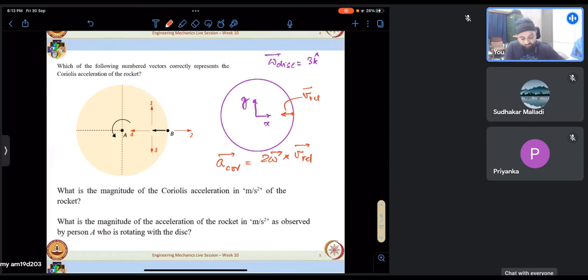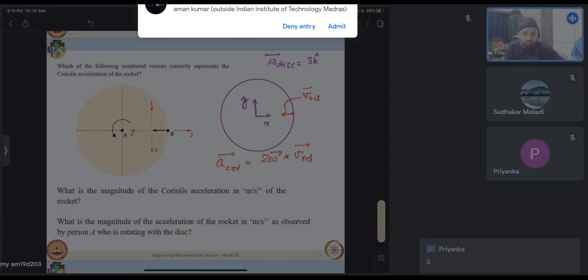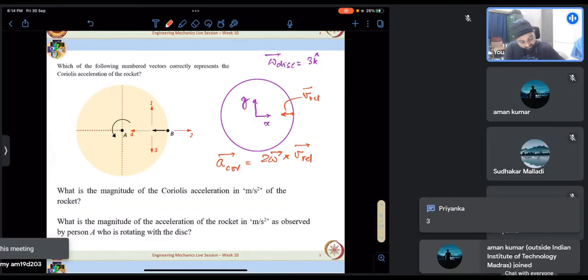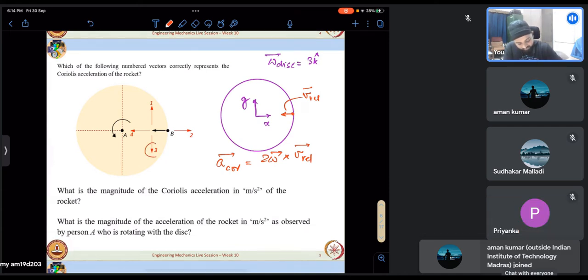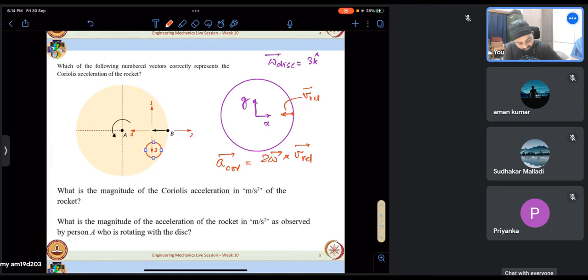Omega is pointing outward, and V_rel we have as minus i. So k cross minus i is minus j, because k cross i is j. Exactly, so both of you have got it right. How this comes about is k cross minus i equal to minus j cap.